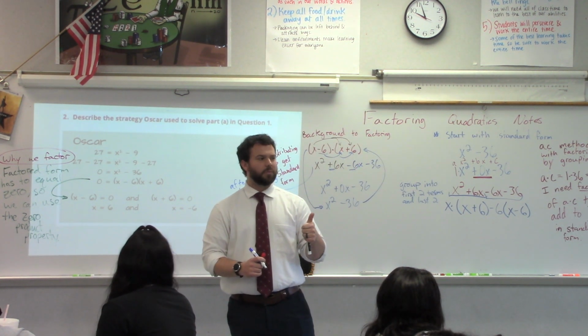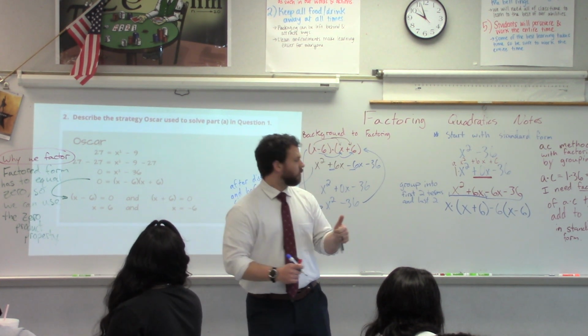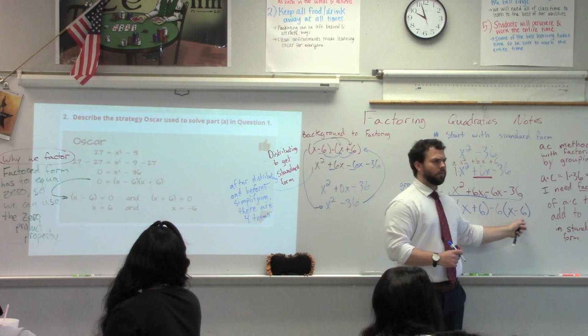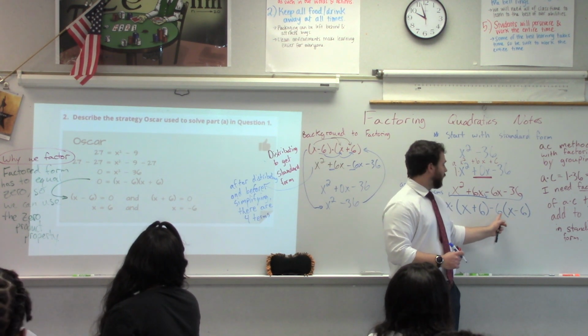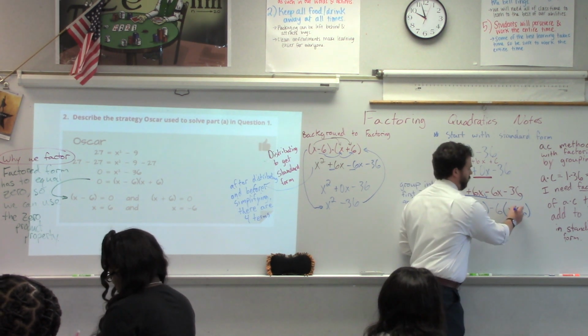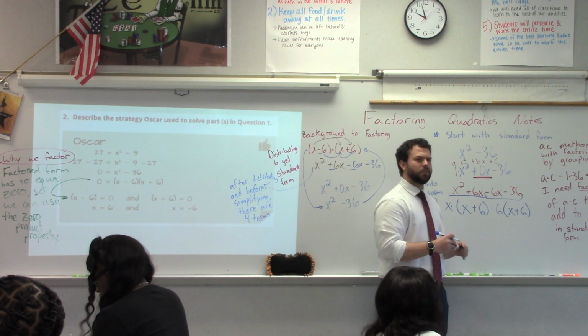A couple of us. Does anyone want to push back on it? It'll be 6. A negative times a negative would be a positive, so this needs to be a positive. Does that answer your question, Mackenzie?